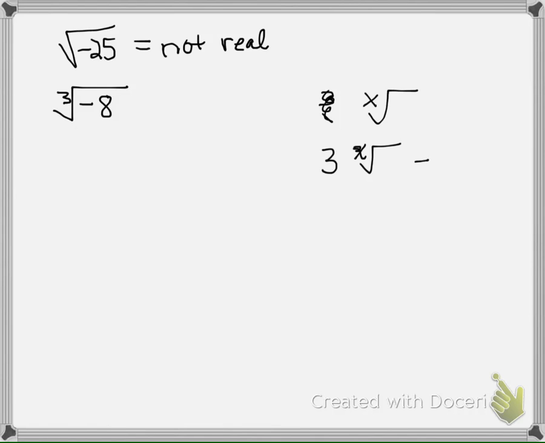And then you hit the negative and then the 8. It will automatically put parentheses around that for you. And then you hit equals. And are you getting negative 2? Yeah?